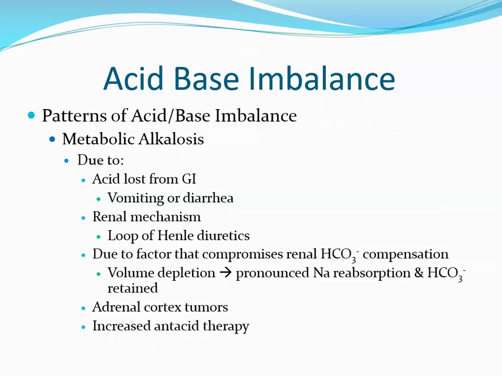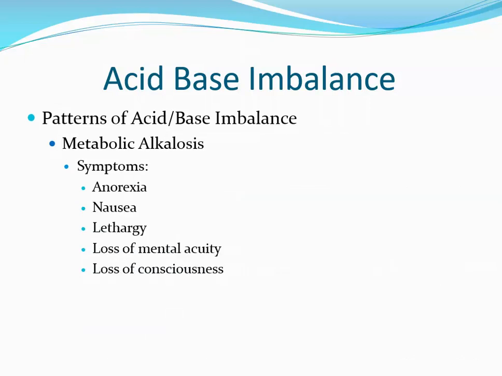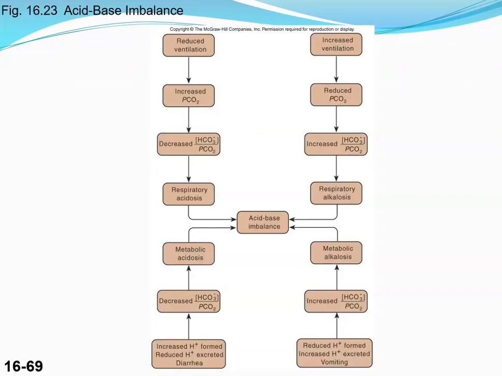And it could also be due to increased antacid therapy. Symptoms are very nonspecific: anorexia, nausea, lethargy, loss of mental acuity, and loss of consciousness. This is just showing the 4 scenarios in flowchart form and how they will result in an acid-base imbalance.